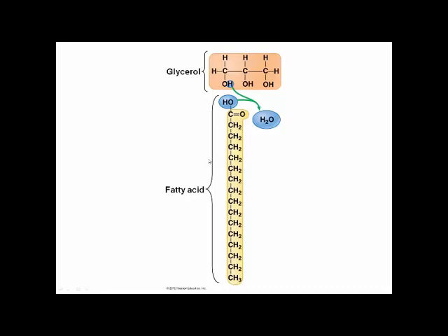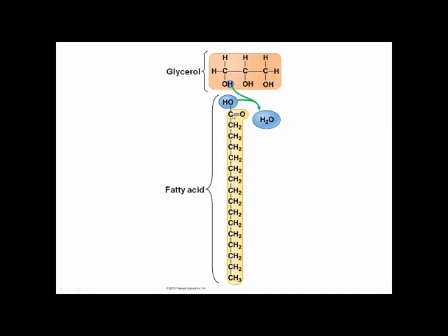Now, in 2 of the types of molecules, triglycerides and phospholipids, we're going to see these fatty acids attached to a molecule of glycerol. This is a molecule, glycerol. It has 3 alcohol groups and hydroxyl groups, so it's an alcohol. And the rest of it is hydrophobic.